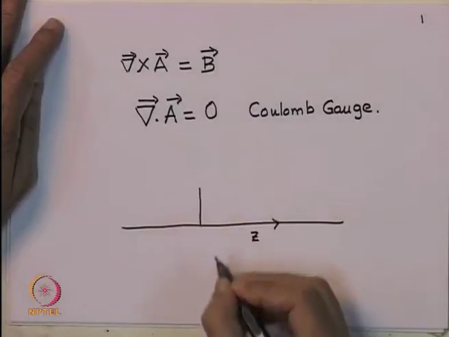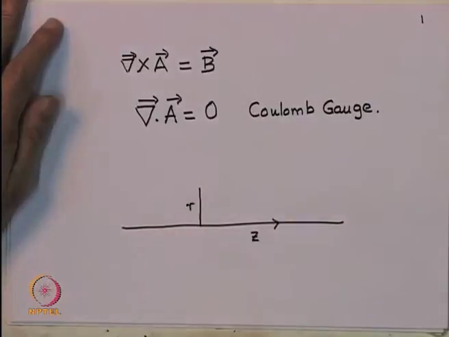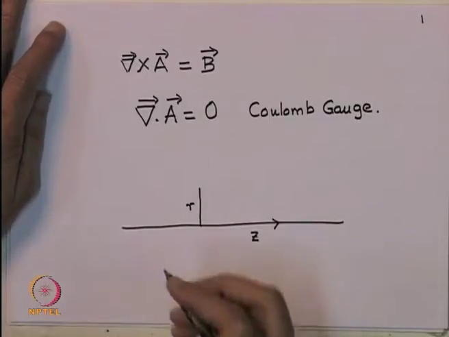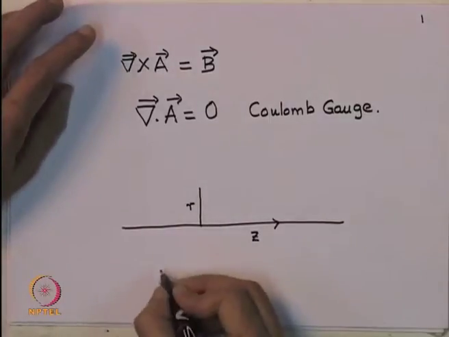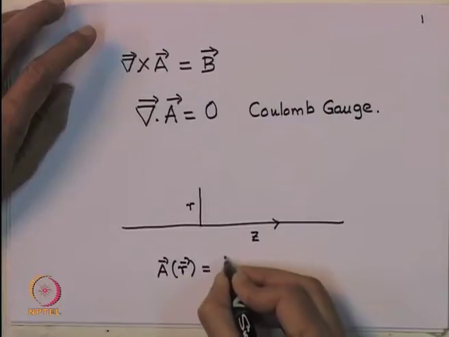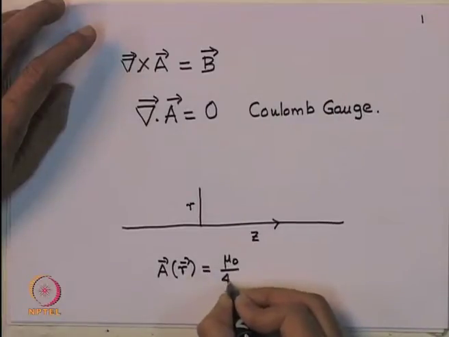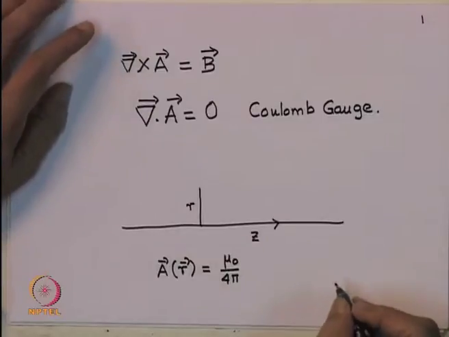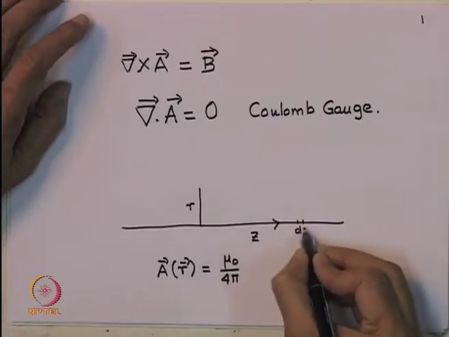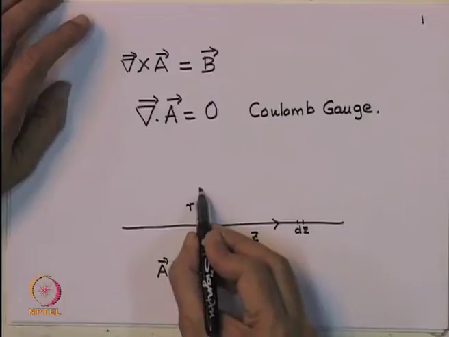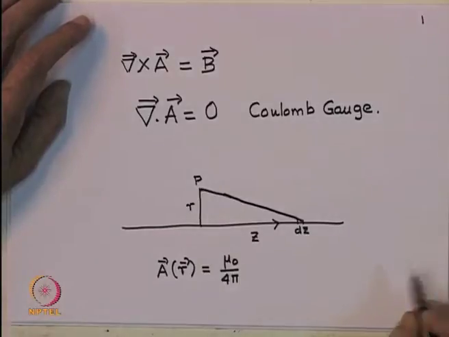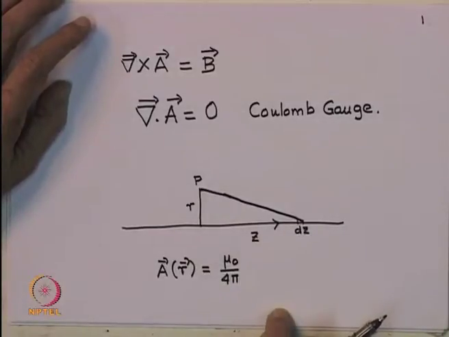So, for instance, if I look at a distance r and try to find out the vector potential there, then this vector potential A of r is given by the constant mu 0 by 4 pi. And if you remember, if I take a current element dl, or dz in this case, this is the distance between the point P where I want to calculate the vector potential and this current carrying conductor.